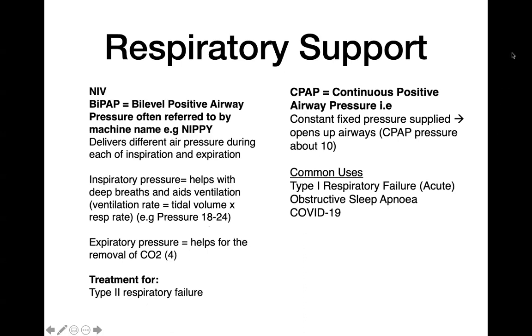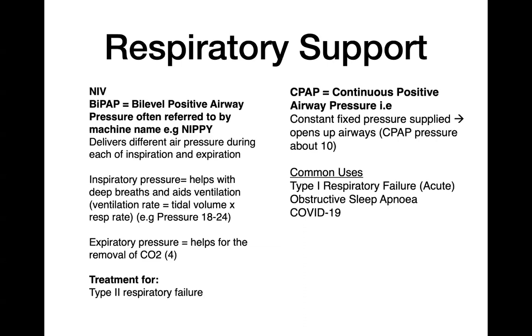Okay, so then CPAP is continuous positive airway pressure. It's a bit like if you imagine you're driving down in a car, pull down your window and stick your head out of the window. It's quite uncomfortable when you're breathing out, but it really helps. It's this constant fixed pressure. So it opens up the airway, and the pressure you use is about 10. So this is good for type 1 respiratory failure. It doesn't help us with blowing off CO2.